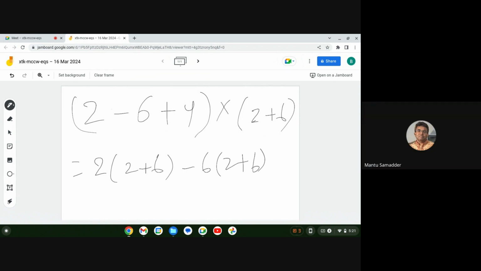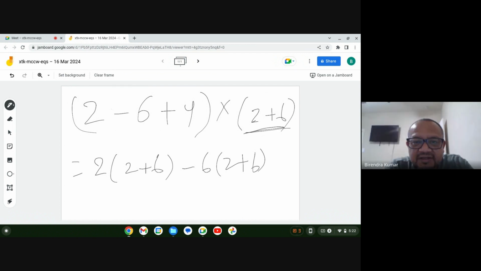Where did you get the 2 from? I don't see any exponent. From the bottom, in front of the equation? This is the second one, 2 plus 6. I'm trying to multiply 2 minus 6 plus 4 with it.